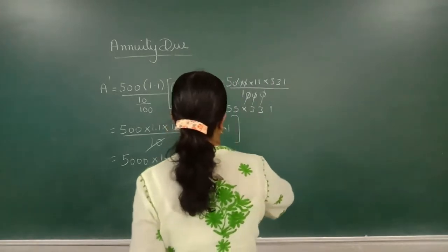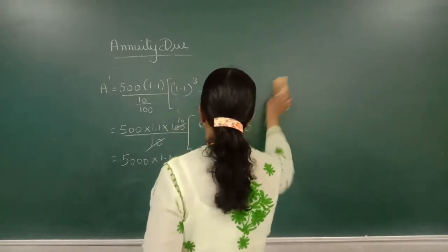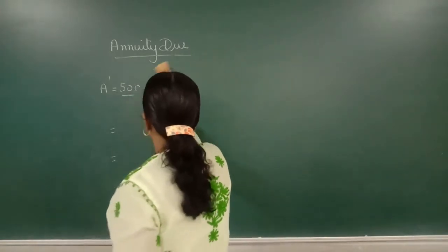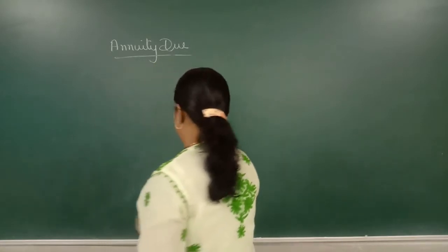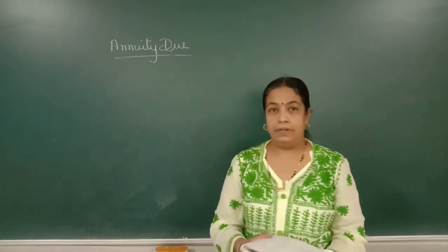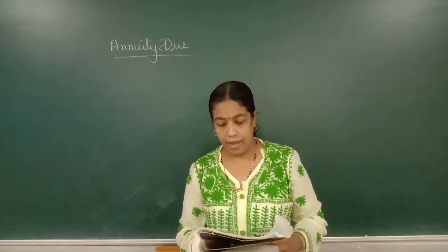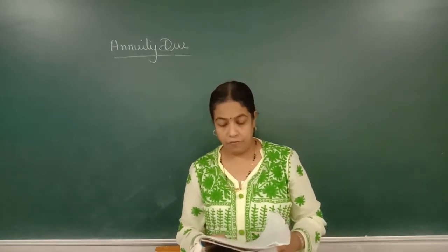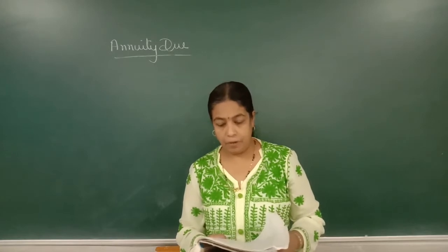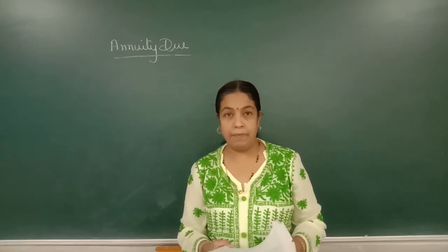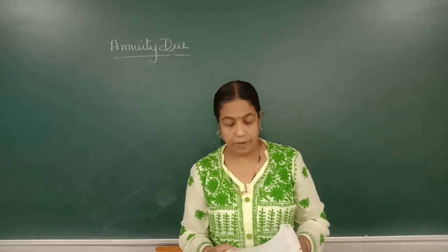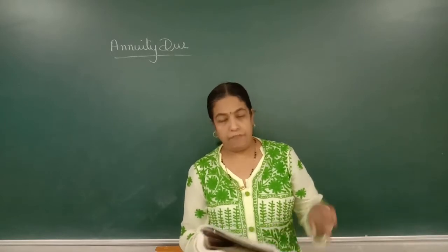Now the next sum we will see. I'll read the sum. A person plans to put rupees 200 at the beginning of each year for 2 years in a deposit giving 2% per annum compounded annually. What will be the accumulated value after 2 years?